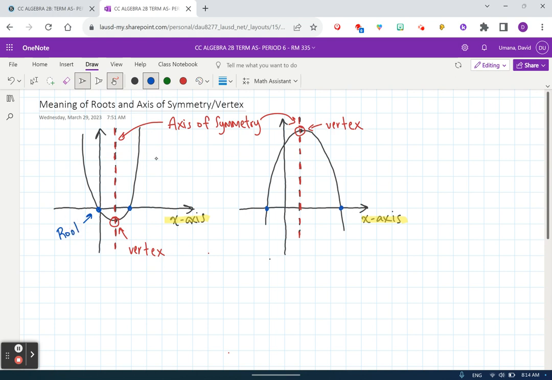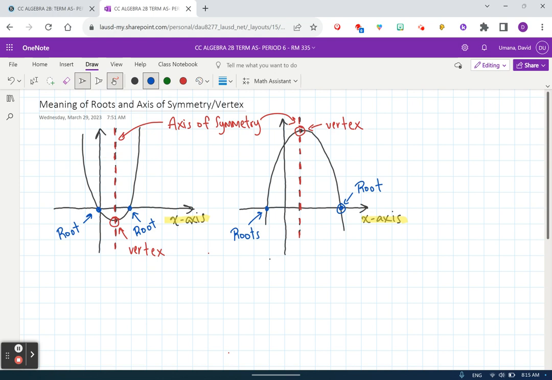So this would be a root, and this would be a root. Similarly, on this drawing, this would be one of the roots, and this would be considered the other root. Roots are sometimes referred to as solutions as well. Okay, so this is the main gist.